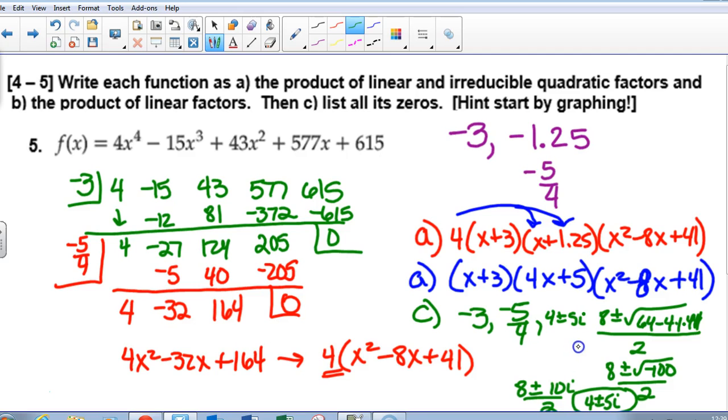Okay, last thing before we all fall asleep. B, we gotta write linear factors. One of them was x plus 3, and the nicer one of the other was 4x plus 5. But now how are we going to write this?